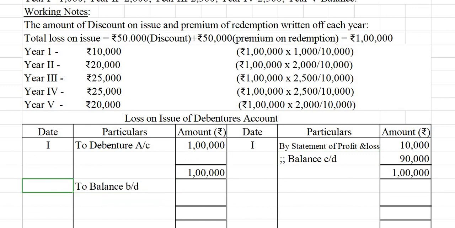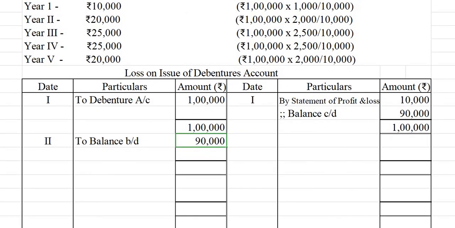For the second year, how much? Same 90,000. And in that year also we have to write off the discount. How much? In the second year, 20,000 will be written off. So we can write here 20,000 written off from the statement of profit and loss.